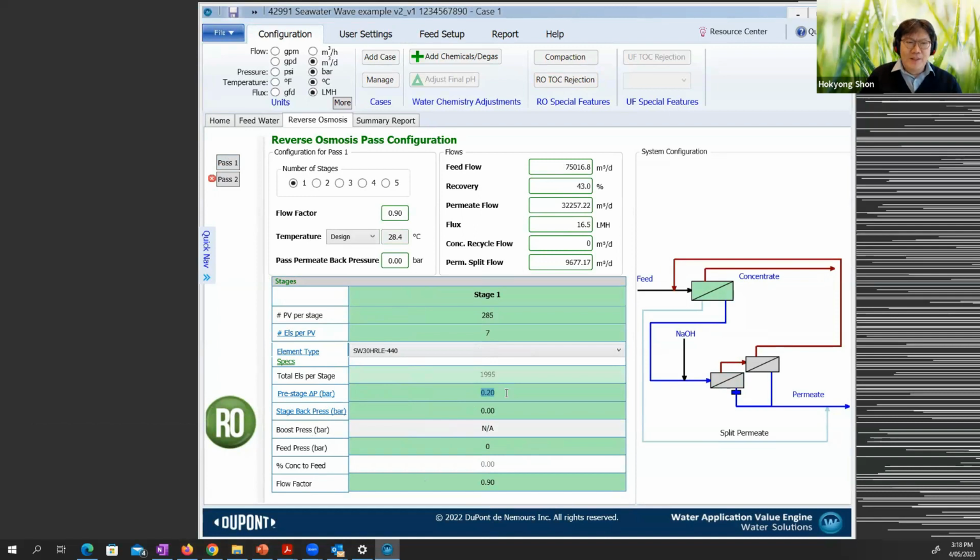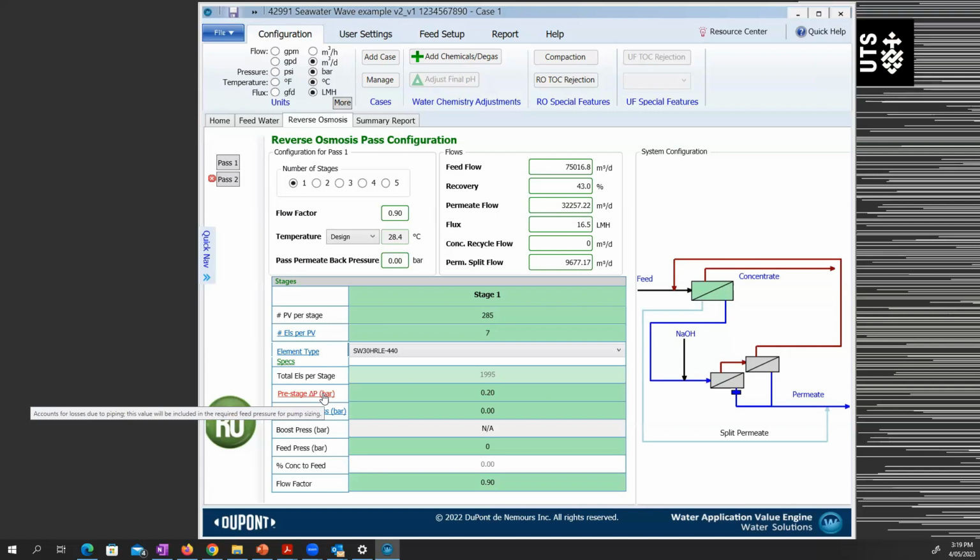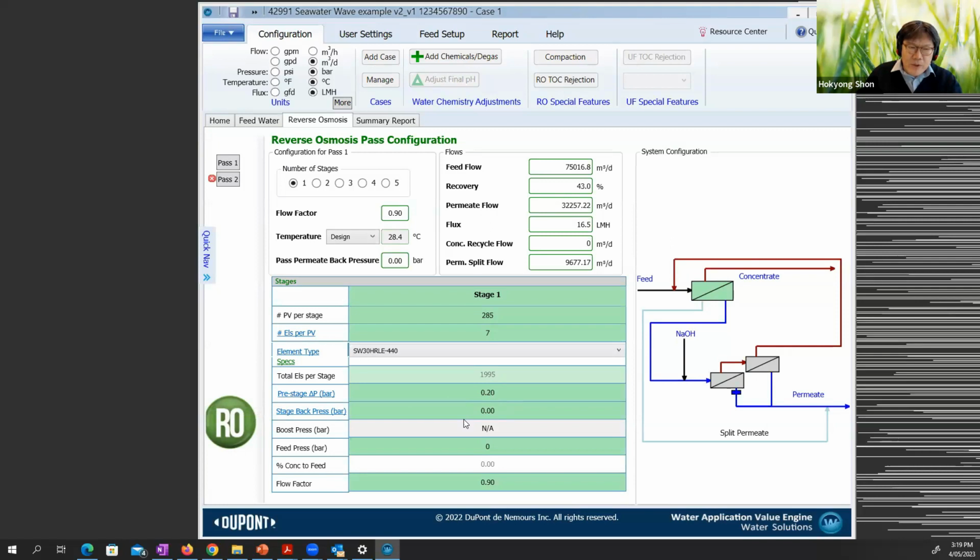Sometimes if you put the pre-stage delta P, if you click this one, of course you don't have to do this, because what happens is that if you see the backstage pressure here, let's say, let me put 0.1, you can see how this changes your backstage.